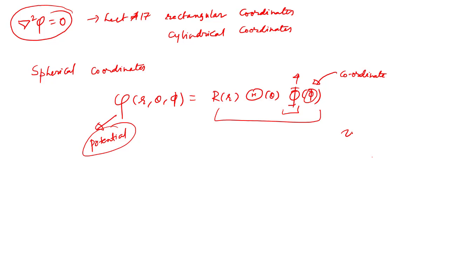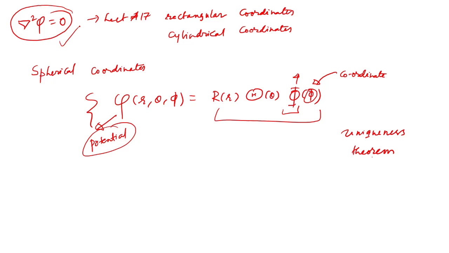So bear in mind that uniqueness theorem. If you've forgotten what the uniqueness theorem is, I urge you to go back and revise it. So we're starting with this, and we would like to plug this into del square phi is equal to 0.